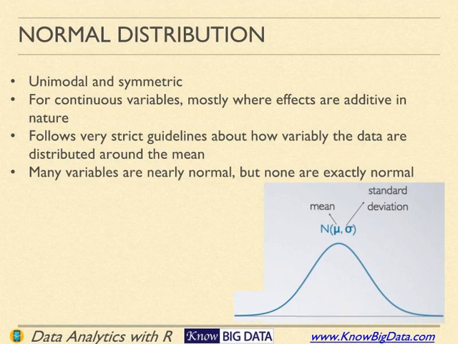So there are many kinds of graphs, and the normal distribution is unimodal and symmetric, meaning it has got one peak. Unimodal means uni means one and modal means one peak. And symmetric means it's symmetric on both sides, left and right.